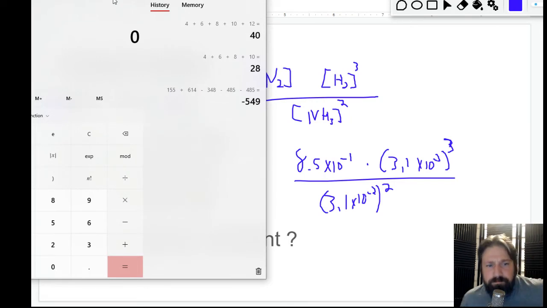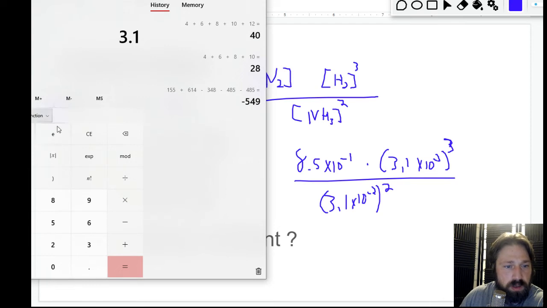I'm not used to this calculator, so I'm going to do this in steps. So 3.1 e to the negative second, and we are going to square this.